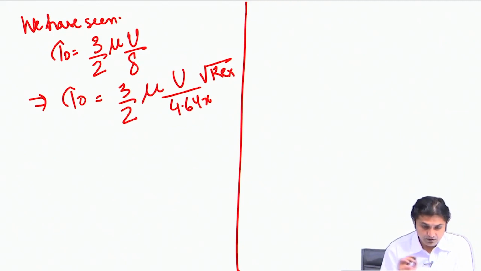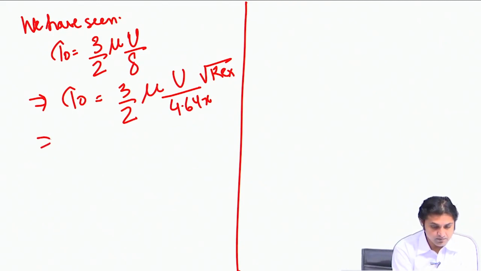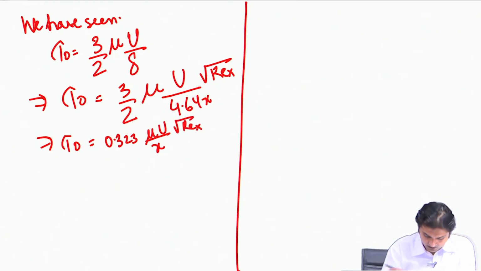All right. So this is our tau naught, or if we simplify it more, 3/2 and 4.64, it will become 0.323 into mu capital U by x under root Re x.